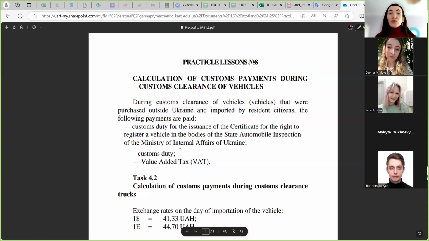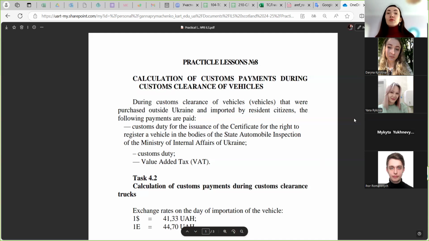So we use these organizations and laws for different types of vehicles. Also there is customs duty, and also value added tax. It is for different types of products. Also we used it, yes, it is 20%, and we use a short form of it by first letters, VAT.